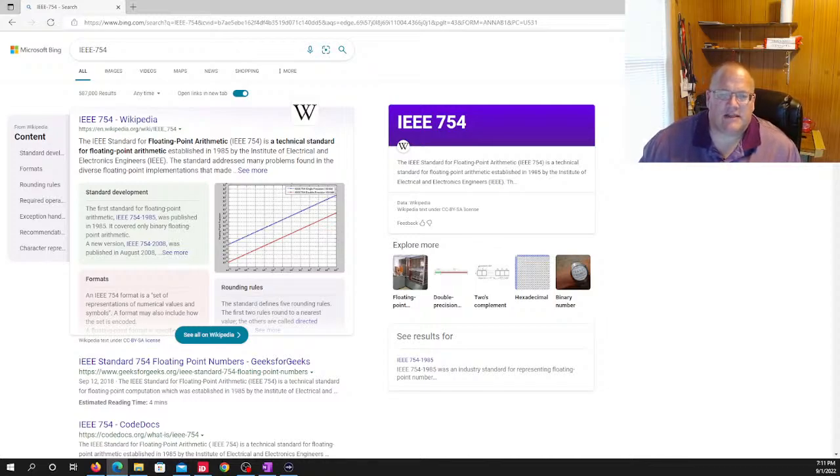But in this case, it's a definition of a method to do floating point arithmetic. So there's not really a lot of motivation for people to go in and change it to something non-factual.